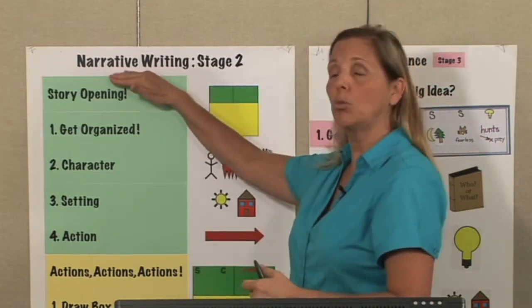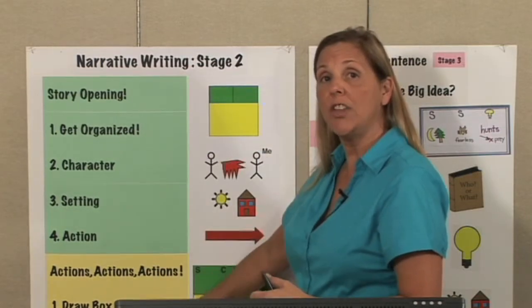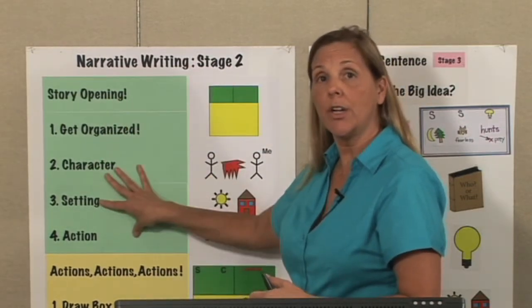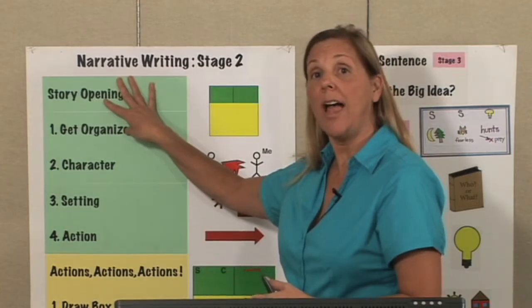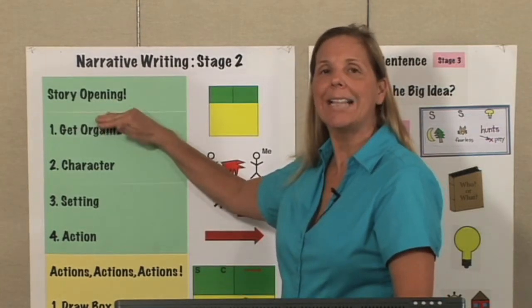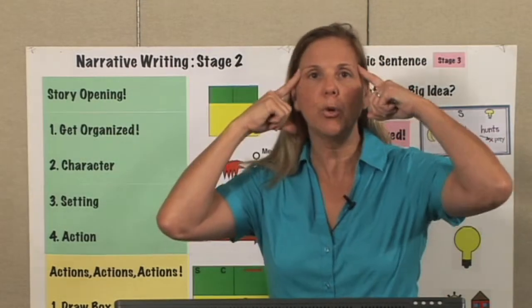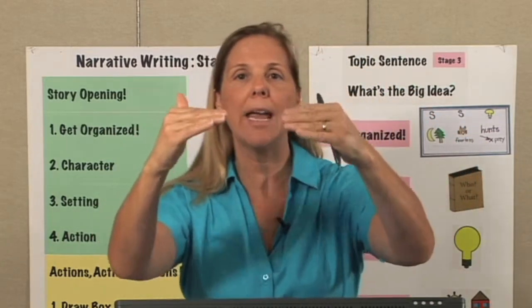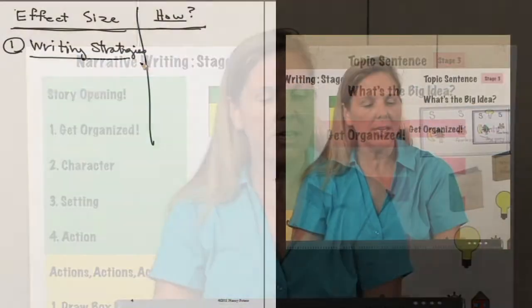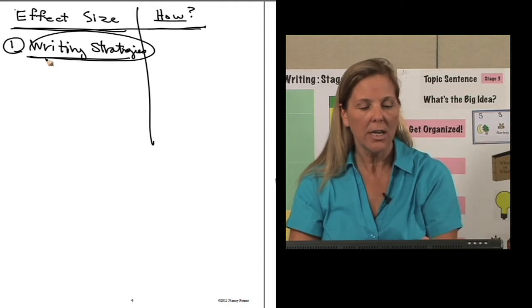When you start seeing all these different steps, you're going to see they're color-coded. They identify different parts of the writing and the steps the students need to go through in their brain in order to plan their writing. That is our writing strategies.